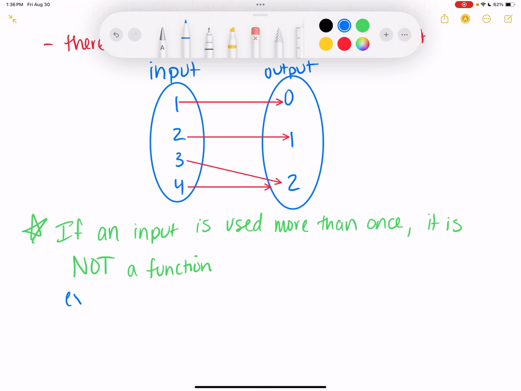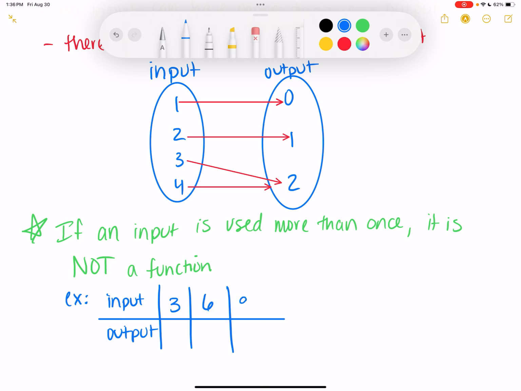So if they gave us a table of numbers and we have the inputs 3, 6, 9, and 12, and the outputs going across are 1, 2, 2, and 1, is this a function?